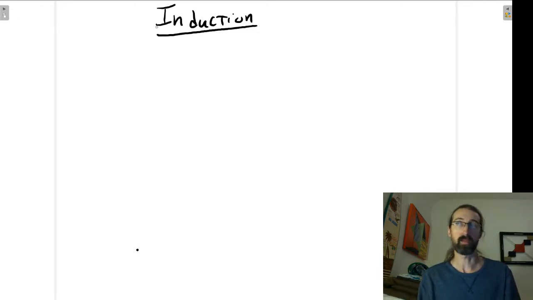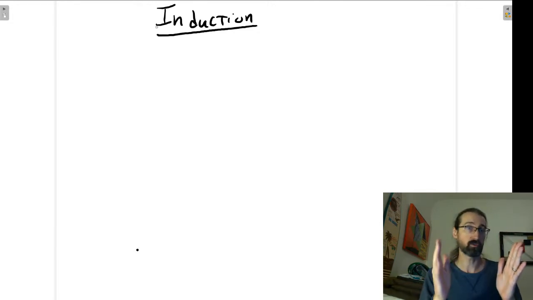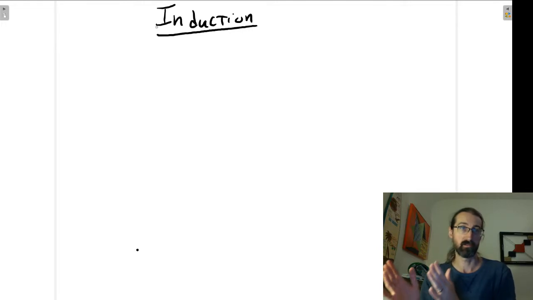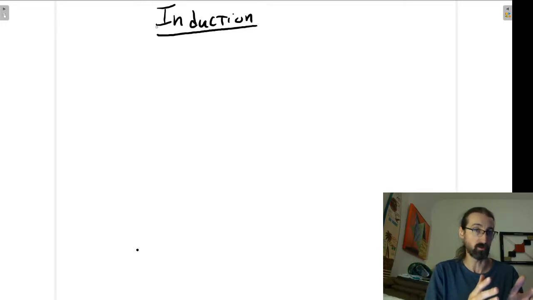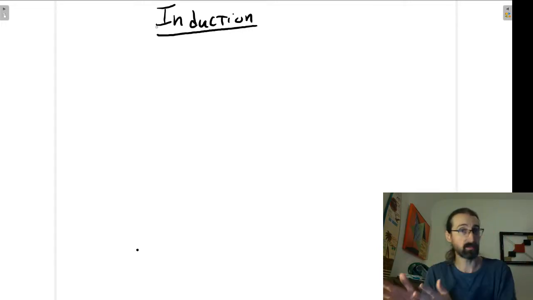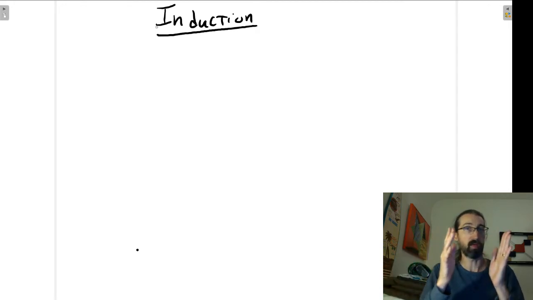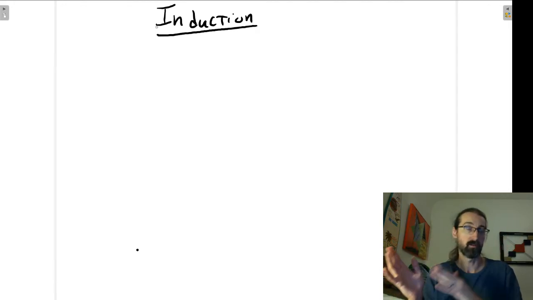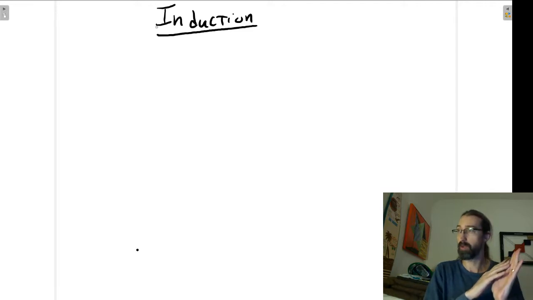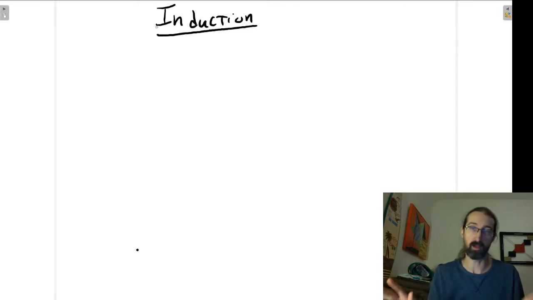So mathematical induction is you have evidence of something that is true for the first case, for the first situation. You know it's true in one case. You assume that it's true for most of the cases, and then you show that it's true for the next case. And if it's true for the first situation, and it's true for the next situation, then that knocks all the dominoes down, and you know that it's true for every possible situation, for every possible number.